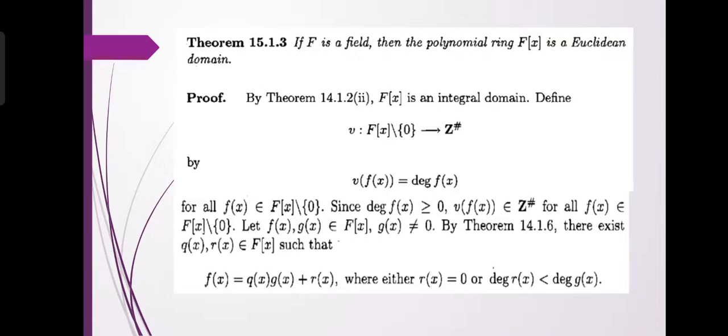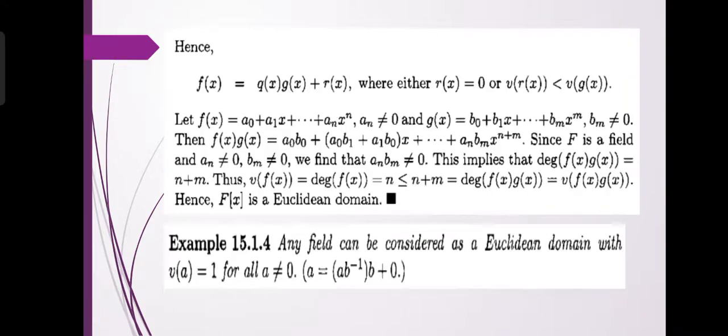By Theorem 14.1.6, there exist q(x), r(x) belonging to F[x] such that f(x) = q(x)g(x) + r(x), where either r(x) = 0 or the degree of r(x) is less than the degree of g(x).